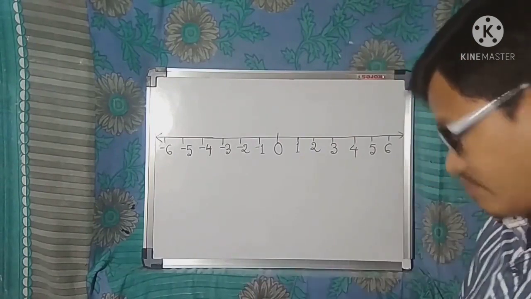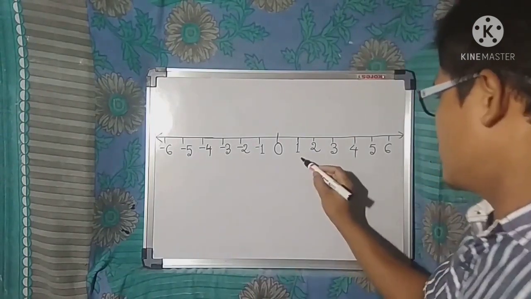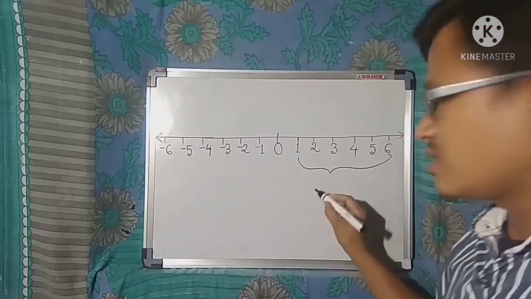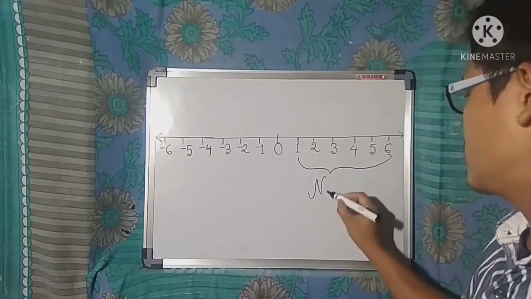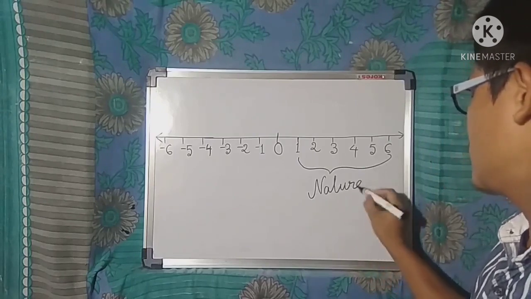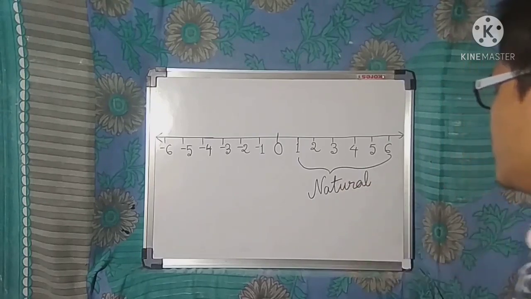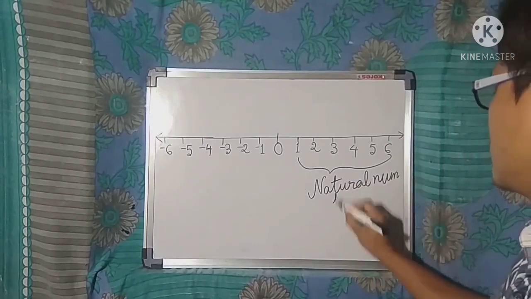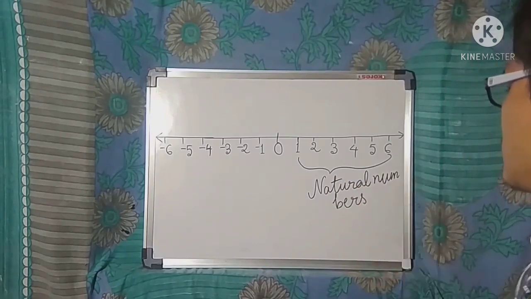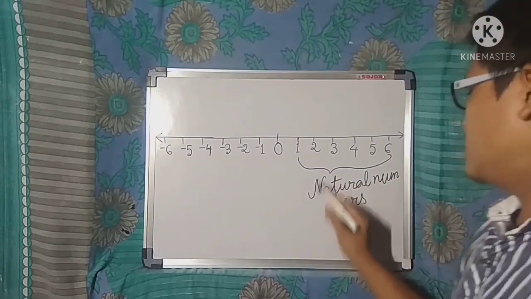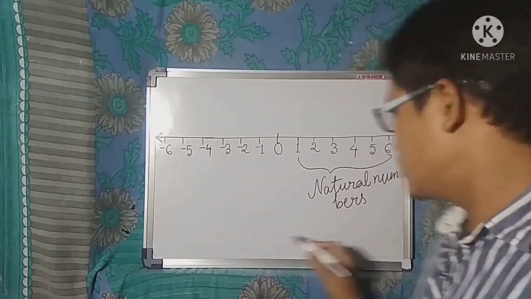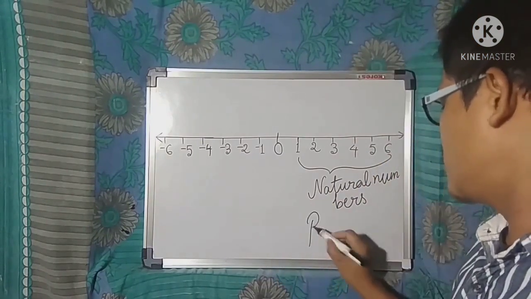So these are natural numbers. These natural numbers can also be called positive integers.